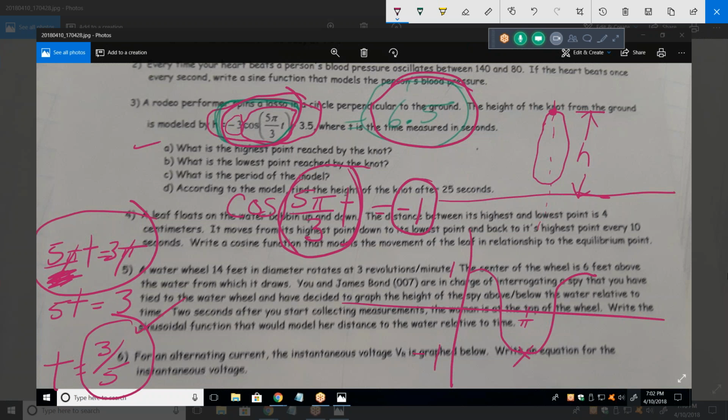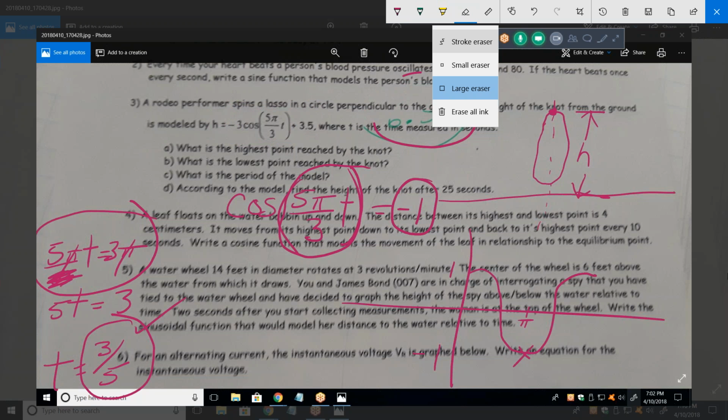It's just something we had to figure out first: at what time would the knot be at the highest point? So now what do we have to do? We go back to our original equation and we substitute what to figure out what h is actually going to be.